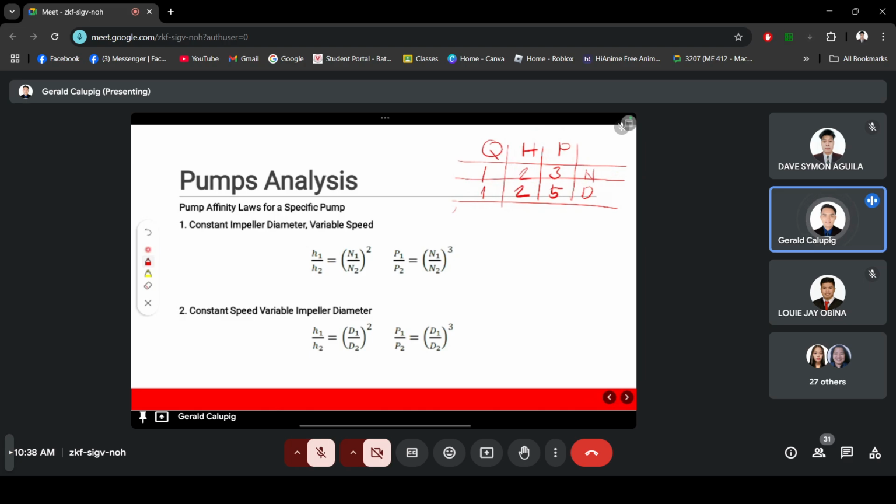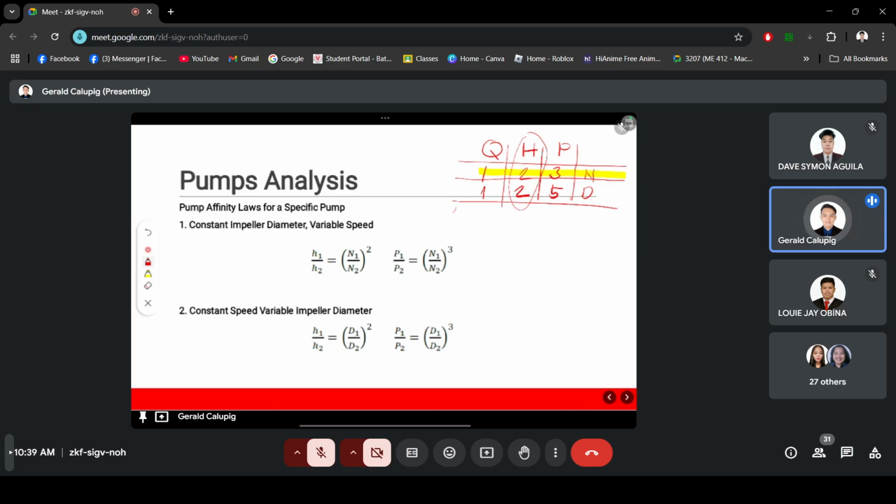What about when the speed is constant? Or constant speed, and our variable is the impeller diameter. We cross out again. So the value of H1 over H2 is equal to what?